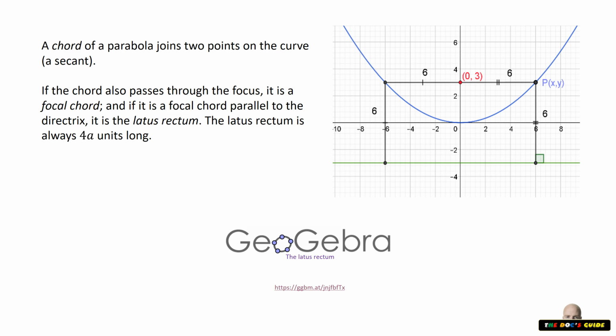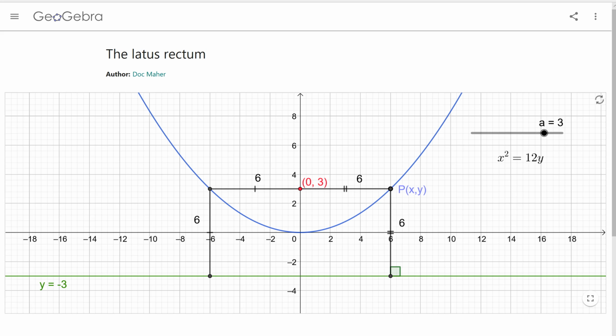Now, at some stage, we will prove that point, but for a moment, we can just look at the GeoGebra. So we can see here that when a equals 3, and therefore our focus is at 0, 3, directrix at minus 3, then the latus rectum here, the focal chord parallel to the x-axis, has a length of 12 units altogether, because it intersects the parabola at 6 units to the right and 6 units to the left.